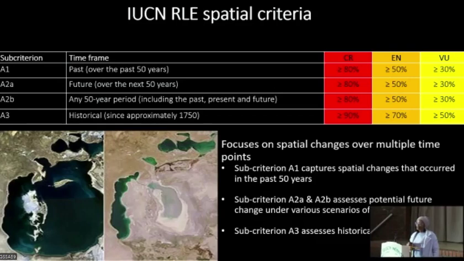The reason they use a 50-year time period is that it is presumed to be adequate to diagnose spatial changes with some reasonable level of certainty, while long enough to differentiate directional change from natural variability. And then A3 uses the baseline date of 1750. This is a baseline date that is accepted globally. It represents an era in which anthropogenic land conversion commenced globally.